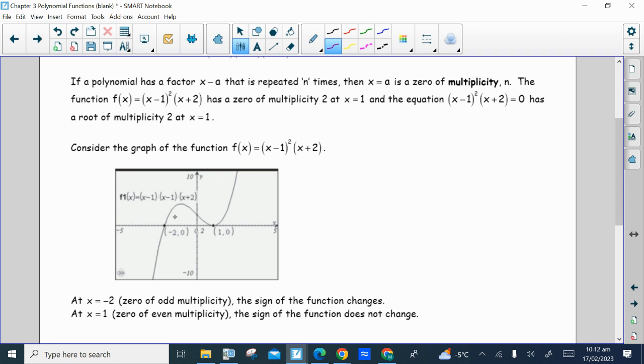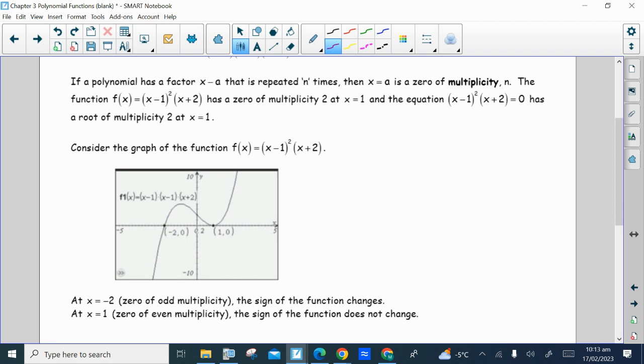When we look at the x-intercept at negative 2, that has a multiplicity of 1, and the graph crosses the x-axis there. The values of y do change from negative to the left of negative 2 to positive to the right of negative 2. The graph goes from below the x-axis to above. But at the root of 1, and again that has a multiplicity of 2, the values of y do not change there.